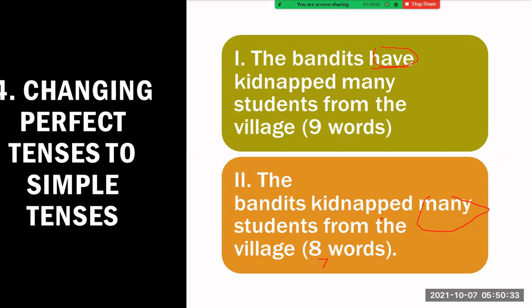So the bandits kidnapped students from the village. All right. And so we have 7 words. If we eliminate this modifier here, which is actually unnecessary, what we need is the key idea that the bandits kidnapped students from the village. All right. So that can help you in reducing words. All right. So that's the way it is.